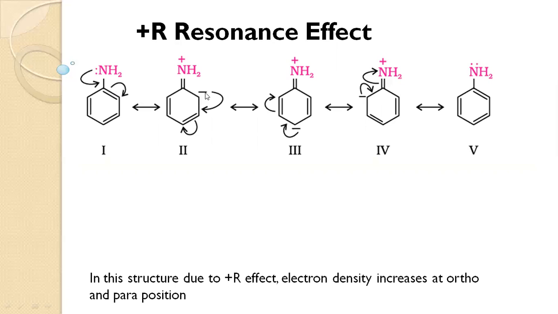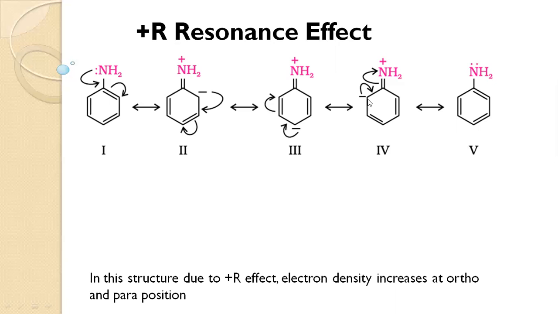Again, as there is more electron density, it shifts to the next carbon atom, and the next pi bond is shifted onto the next carbon, generating more electron density at this point. Like that, there is continuous delocalization of the pi bond and the negative charge.